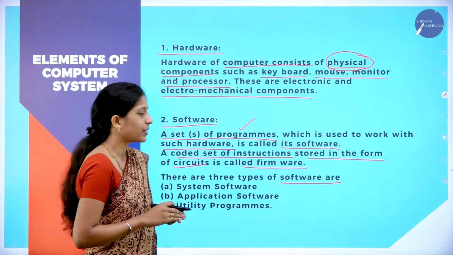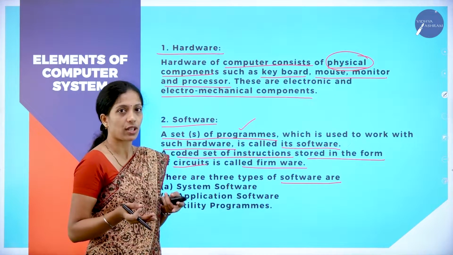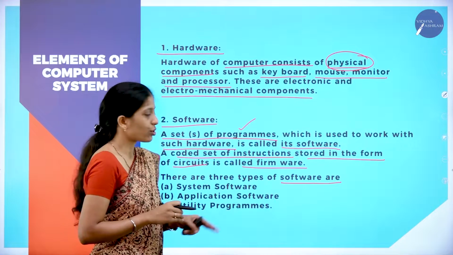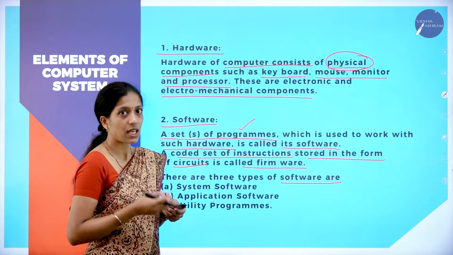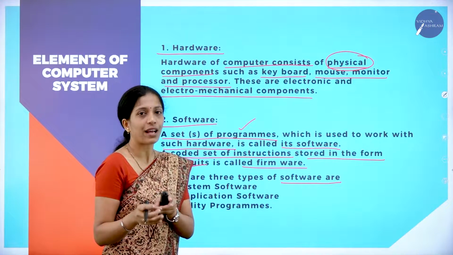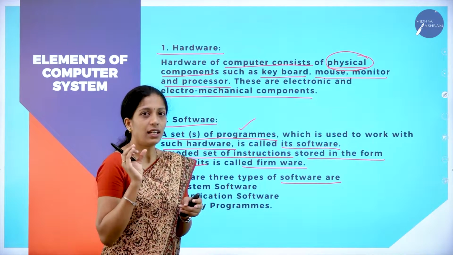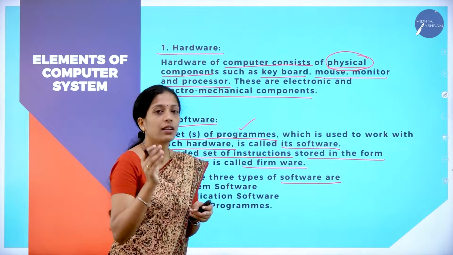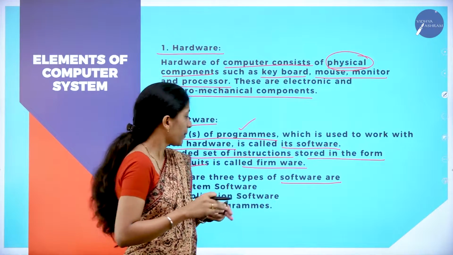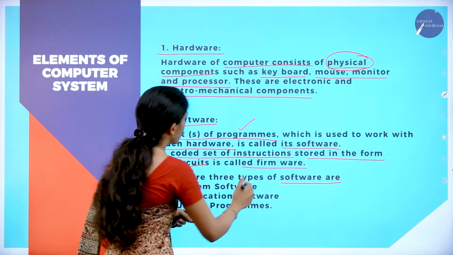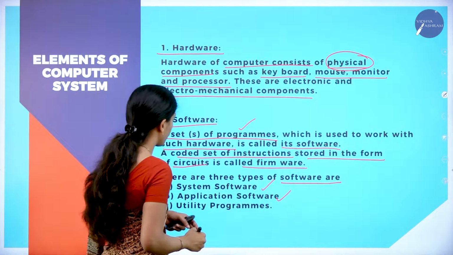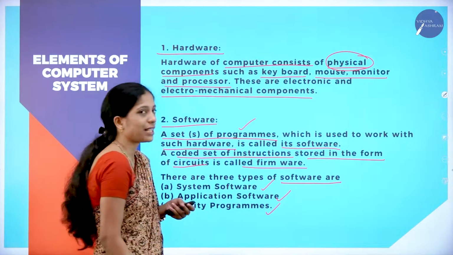There are 3 types of software. Let us see what they are. You might get a question: write any 2 types of software. You can write any two types. As I told you, the weightage of this chapter is either 1 mark or 2 marks, so they might ask a single sentence question, or one with 2 words or 2 sentences. Now, the types of software: the first is system software, the next is application software, and the next is utility software.